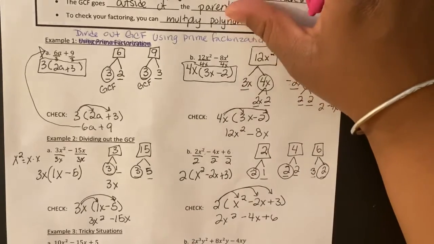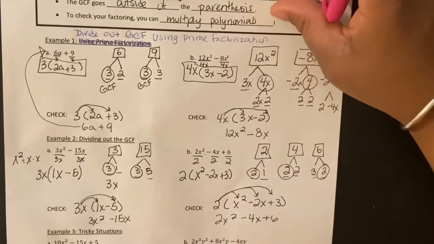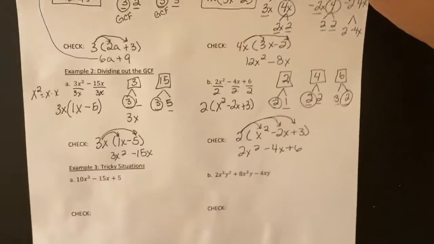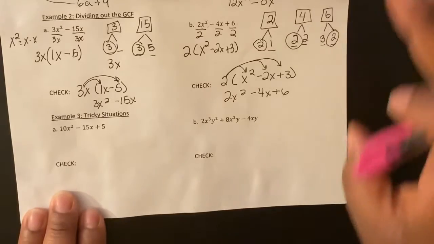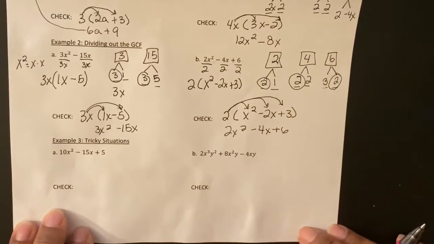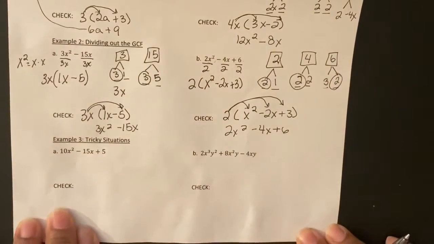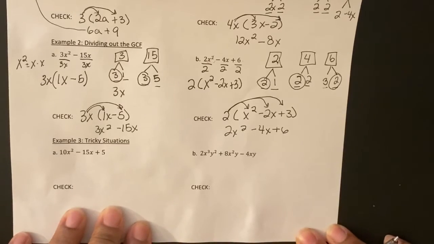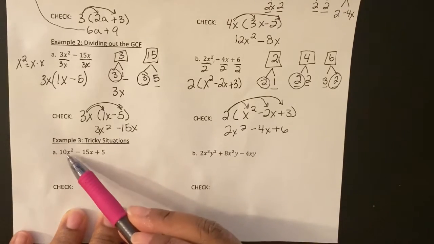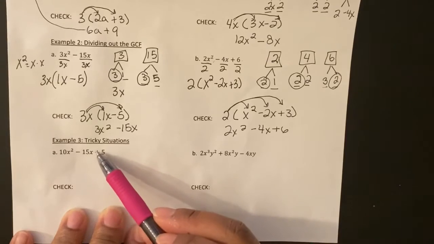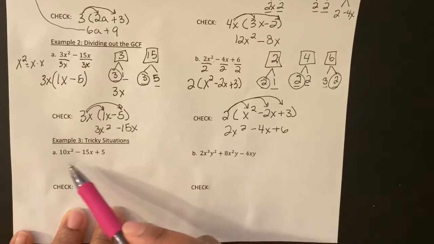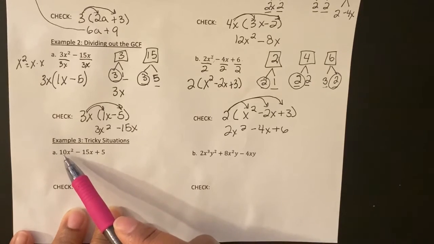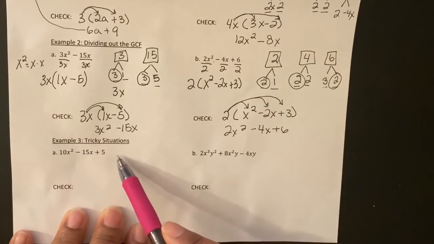All right, now some situations make it tricky. There are some tricky situations. So now you have 10x squared minus 15x plus 5. Why this is tricky is because it looks different than what we're used to. We're used to the numbers ascending as they go from left to right.